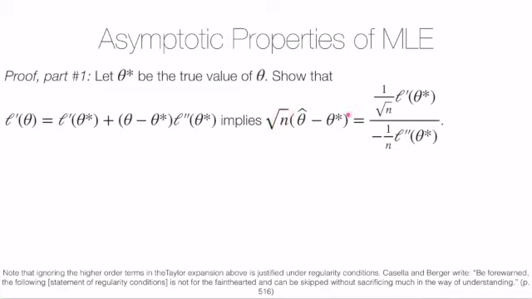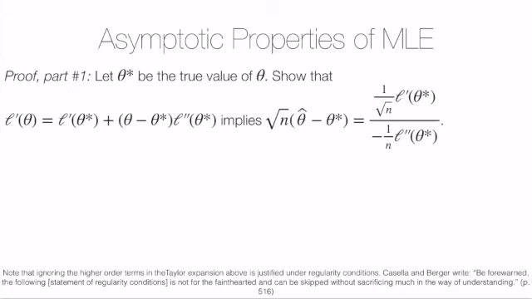We're going to be able to show that this converges in distribution based on Slutsky's theorem, because we'll show that the numerator converges in distribution and the denominator converges in probability, and so the whole thing will converge in distribution based on Slutsky's theorem. So we're going to go through all those details.